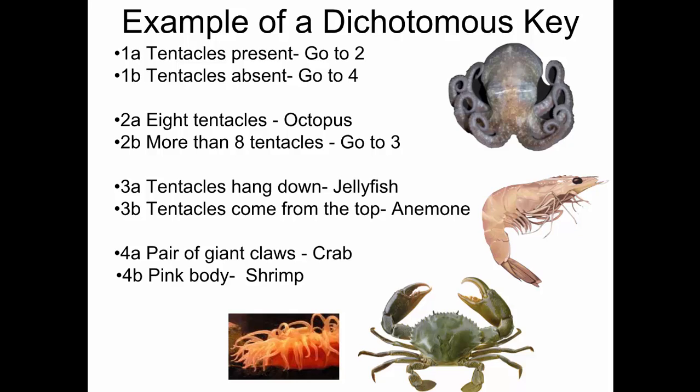Now, when you use a key like this, you have to know some terminology, like the parts of a fish. This one starts off: A, has one pair of gill slits, jaw present, although mouth is sometimes sucker-like, pectoral fins present.